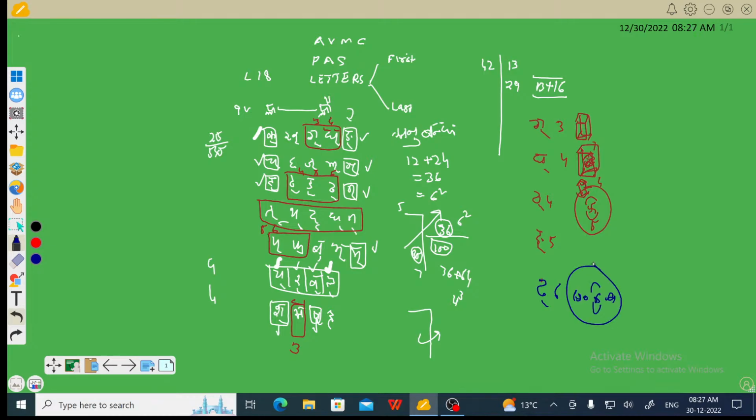Then we have Ta, Tha, Da, Dha, Na. These are 4, 5, 6, 7 and 8. It is a hypercube 6 space body, and it is a creative range. Creative range would mean 4 space as dimension.